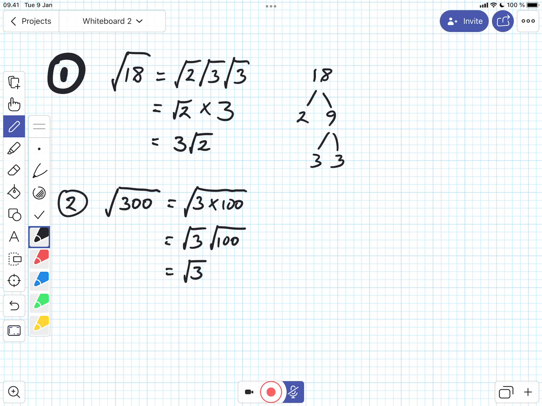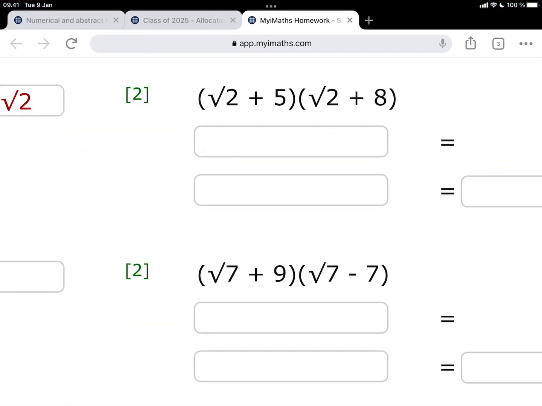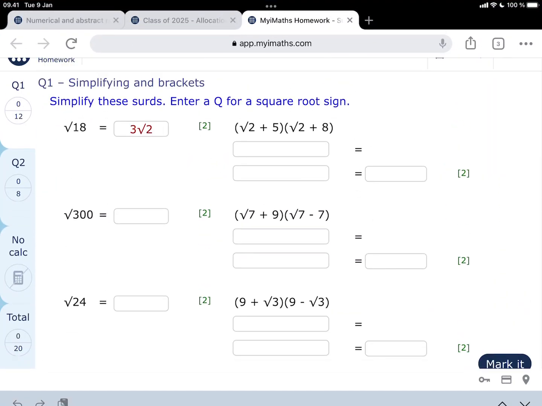So that's the same as the square root of 3 times 10. Or more conventionally, the 10 at the front times the square root of 3. So again, that's more simple. That's simplified in the sense that you've got the square root of the smallest number possible there. So 10 times the square root of 3 is our answer for that one.